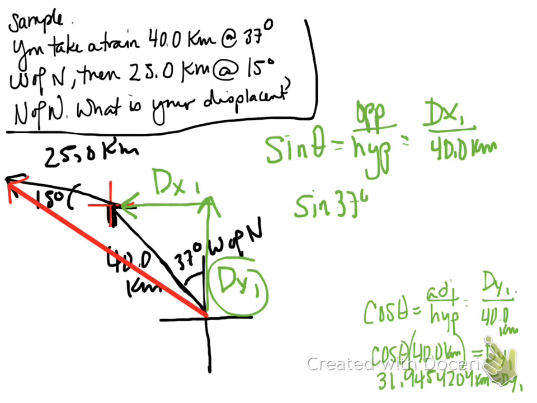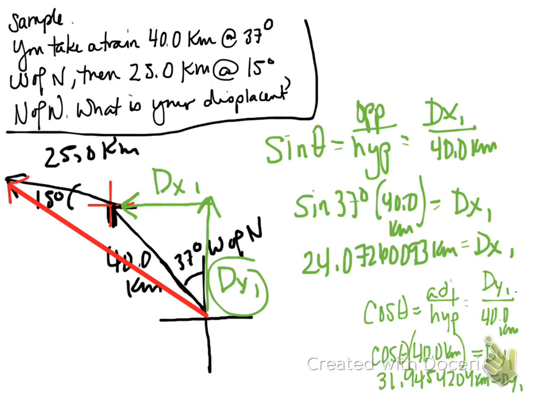So the sine of 37 degrees times our 40 km will be equal to our dx1. Okay, calculate. So we get 24.07260093 kilometers is equal to our dx1.